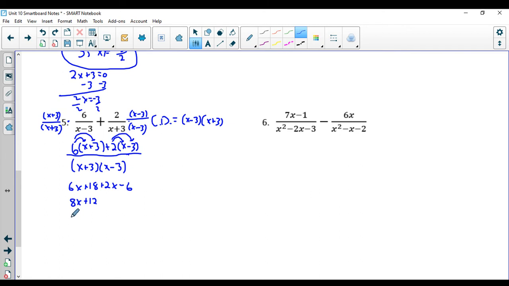What is our GCF here? 4. So I put my 4 in front, and then I divide each term by 4. So 8x divided by 4 is 2x. 12 divided by 4 is 3. I put our common denominator back on the bottom. And again, we don't get anything to cancel, and that's okay. So we get x cannot equal negative 3 or 3.